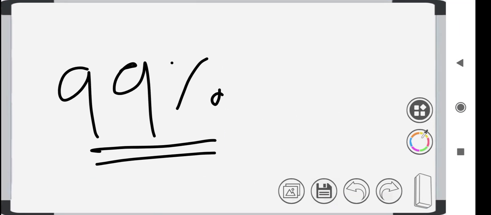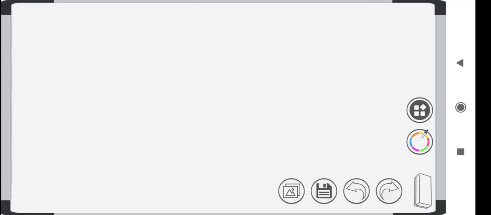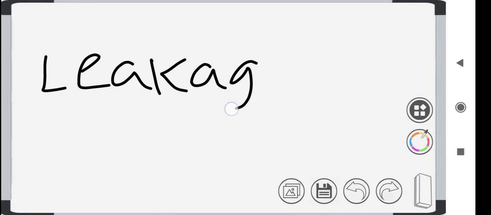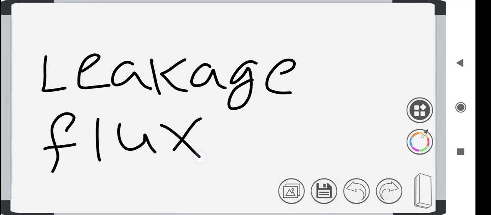What is the disadvantage here? Core type leakage flux. This is a very important point. Because of leakage flux, what will happen? Poor voltage regulation.